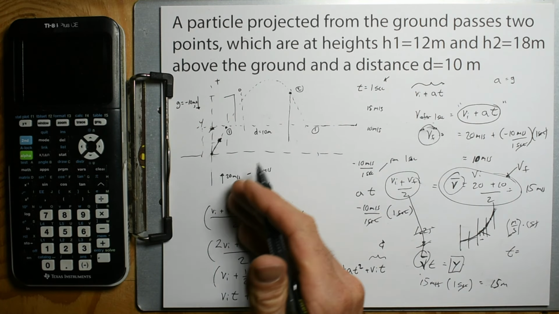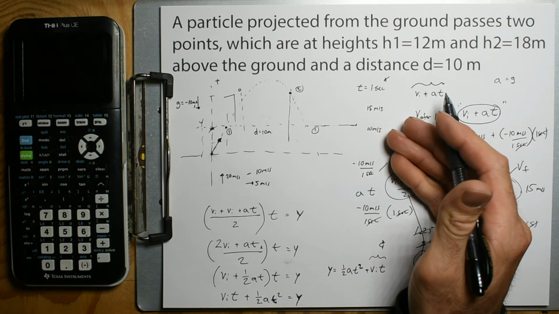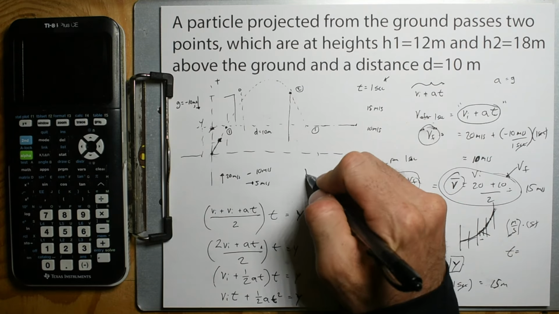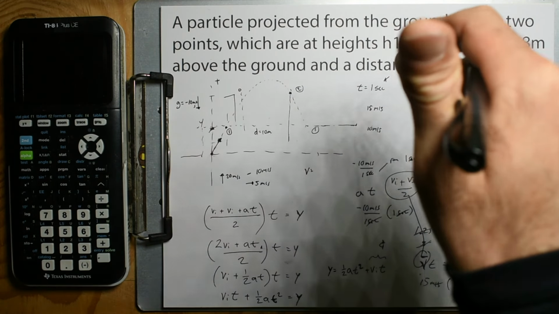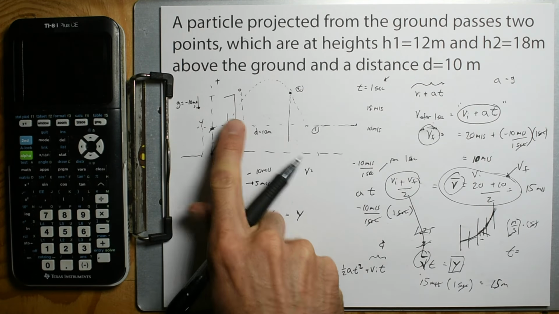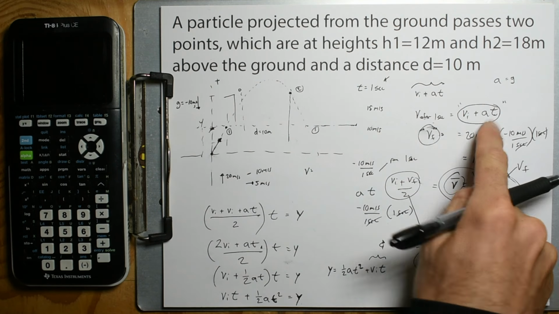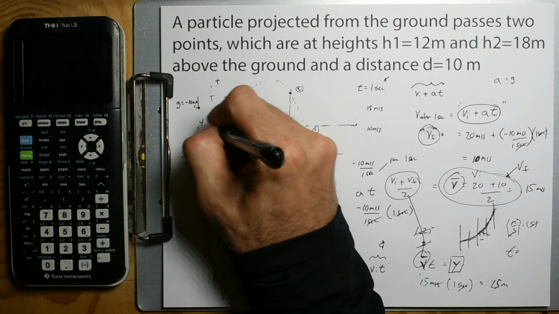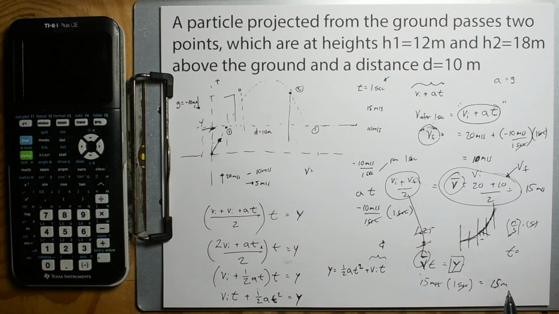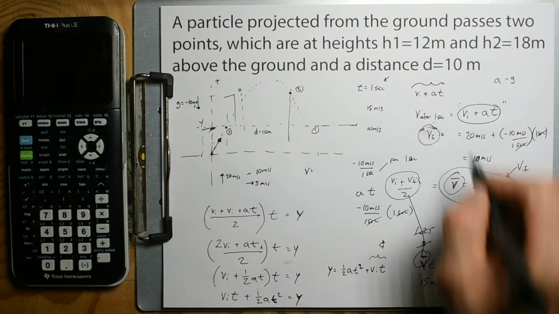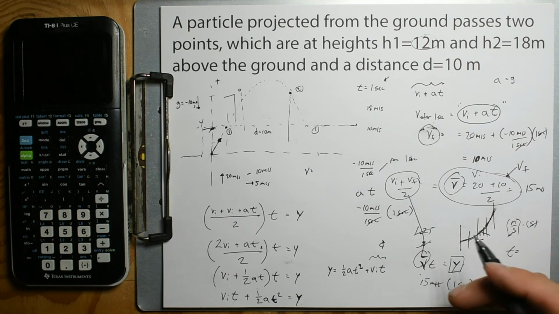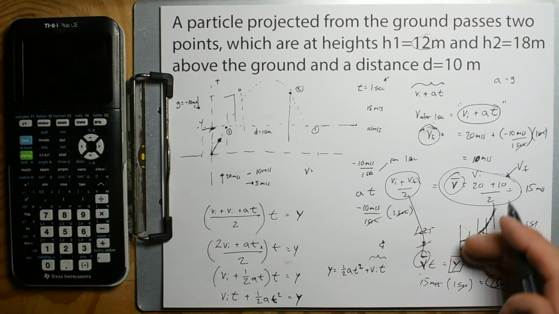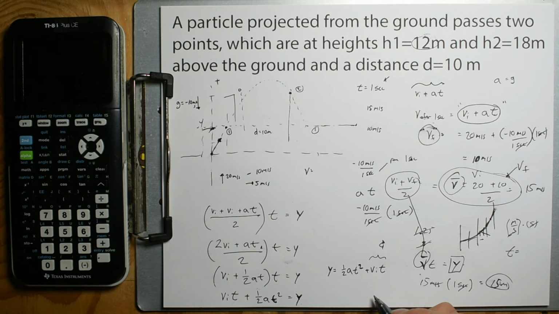We could have an intuition for that: on the way up, we ran it for a second, my final velocity is still upward, and then we figured out the height it was going to be, and that height was 15 meters. It's too high off the ground, so obviously that time is going to be a little bit less. And so we could just do a guess and check to get that time value.